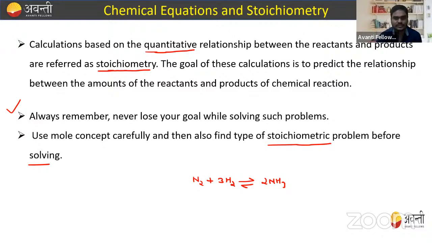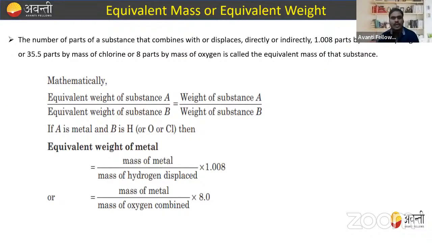Right? Good. Now, first of all, you must know what is equivalent mass or equivalent weight. Then we are going to see some different types of reactions. So what do you mean by the term equivalent mass or equivalent weight? How will you calculate it?